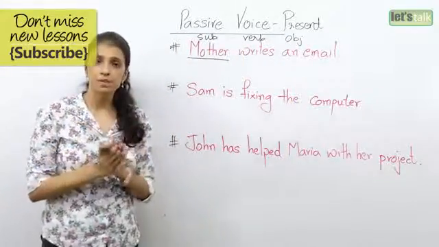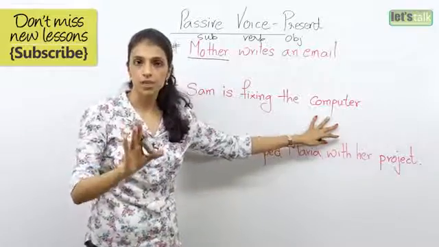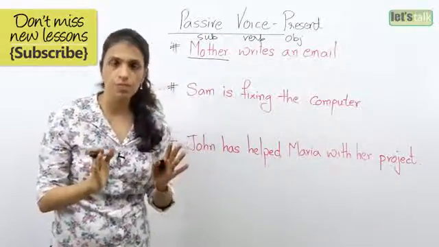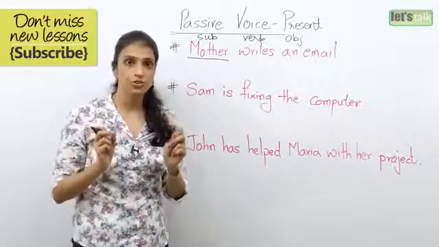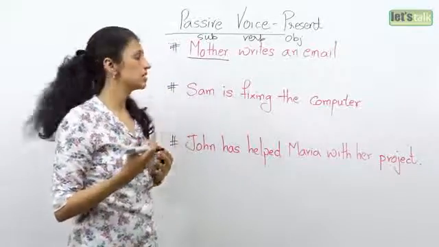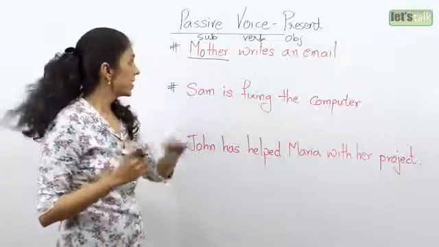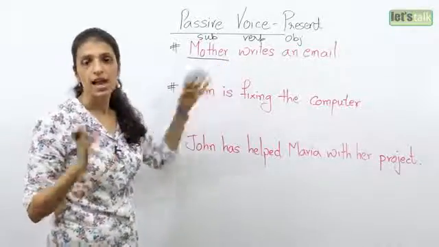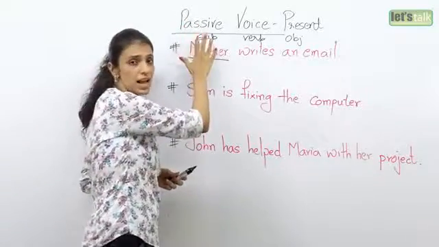So this becomes your object, okay? A lot of people assume that the last word in the sentence is the object. Well, this is not so. Whenever you are confused, ask the question, on what is the action done, or on whom is the action done, and the answer you get is your object, okay? Now this is in the active voice. Active means we are focusing on the subject or the doer of the action.